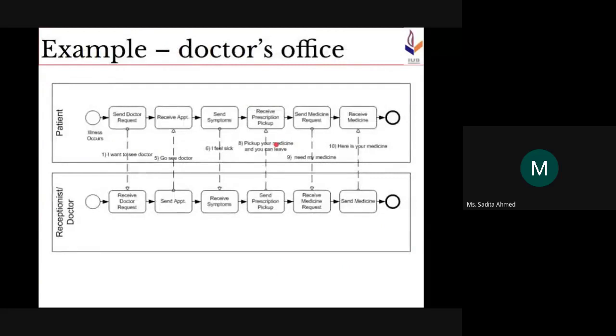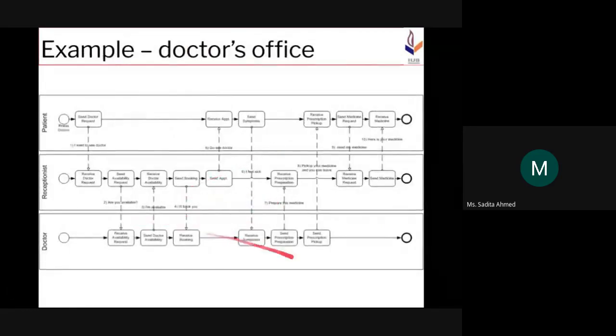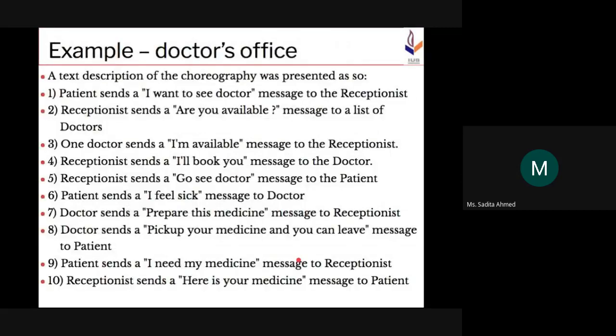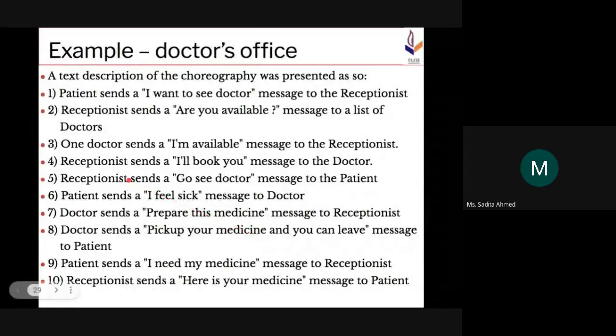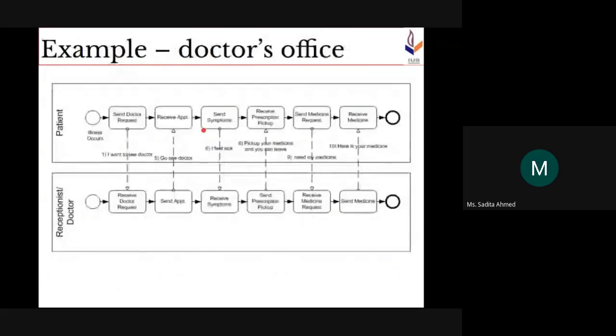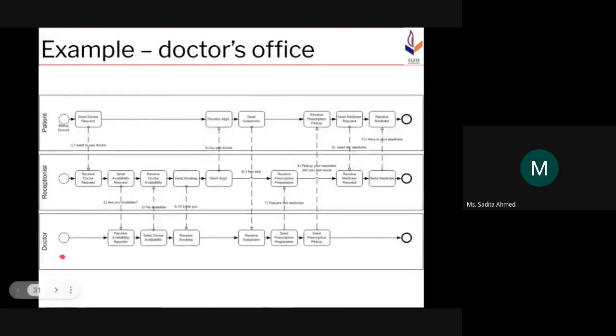So here, the assumption is that the process flow I am drawing is for that one doctor. I'm drawing this process flow for that one doctor. The one doctor who sends the I'm available message, I'm drawing this process flow only for that doctor.